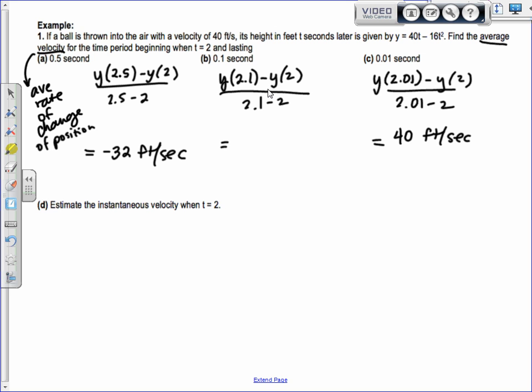All right, can you just check C for me? This is taking a long time. Negative 25.6. All right, check C as well.